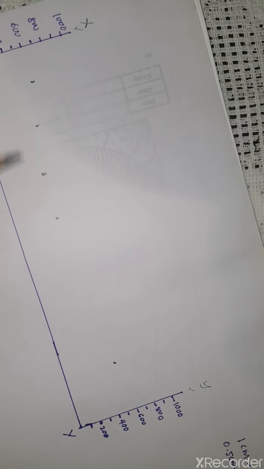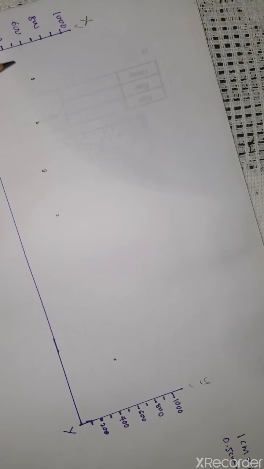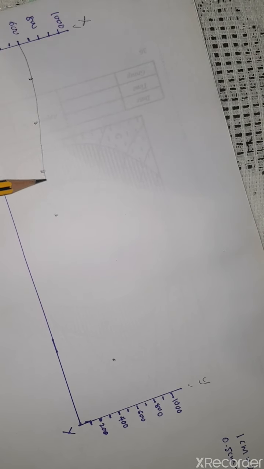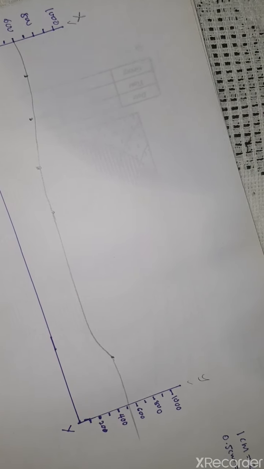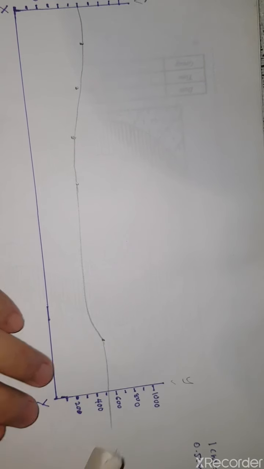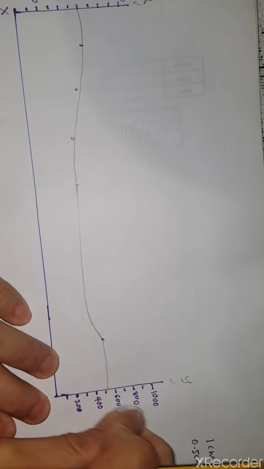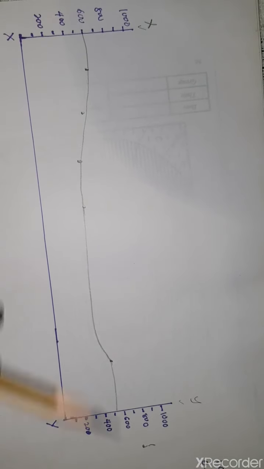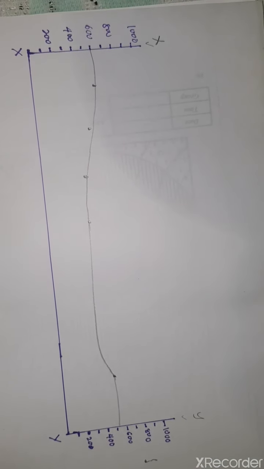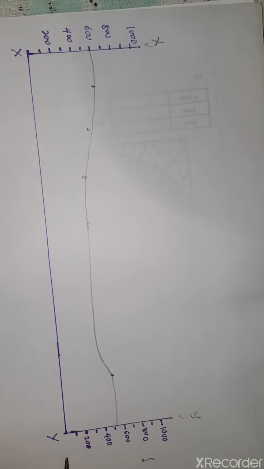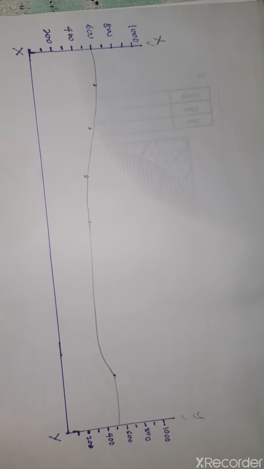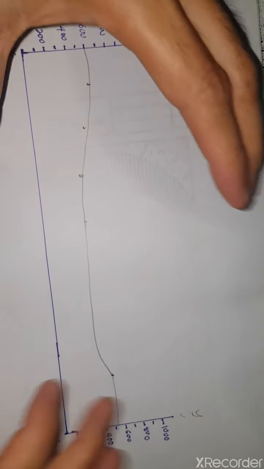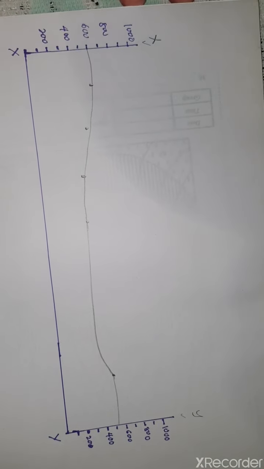Draw it freehand. If you can see here, the cross-sectional contour in my map is quite small, because my scale is 1 cm to 1 cm. So you can magnify the scale in order to have a bigger cross-section of this map.